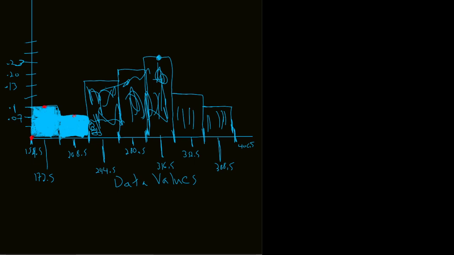So if I plot a point at the midpoint and each value, so the midpoint and the value of the counts or the relative frequency, and I connect those by lines, this raggedy graph, not the histogram underneath, but this raggedy red graph that we draw, is called a frequency polygon.